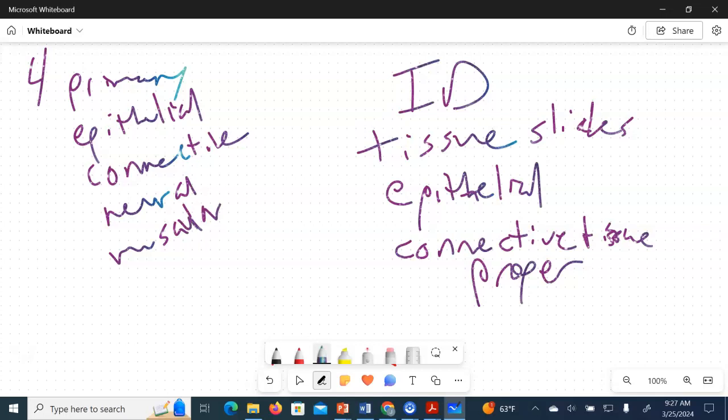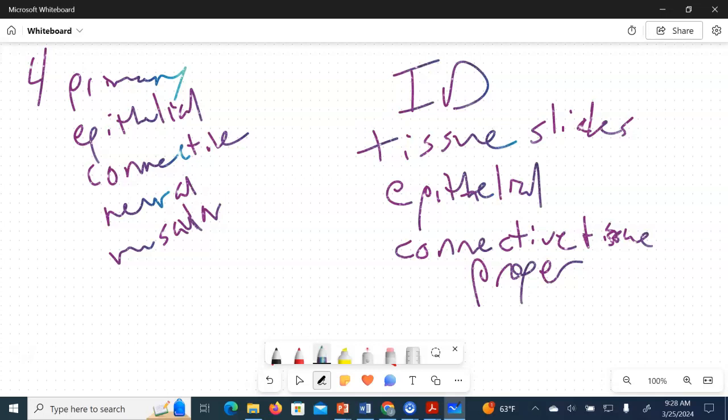Don't confuse your classes of connective tissue proper, bone, cartilage, and blood, 4 types of primary tissues. So 4 primary tissue classes. Don't confuse those with types of connective tissue. So muscle is its own tissue; it's not a type of connective tissue, and this sort of thing.